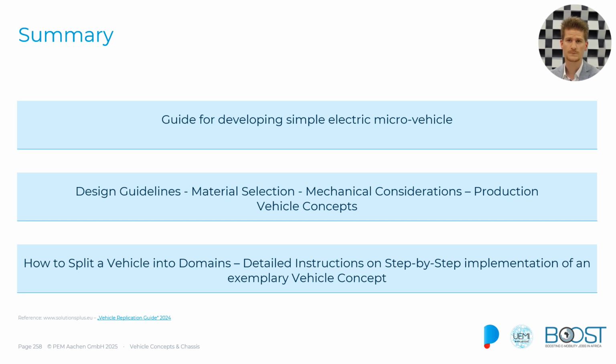It was an example, and obviously you have to do some work yourself to actually use our principles, basics, and methods that we just showed in order to create your own vehicle. But we talked about design guidelines, so we talked about the material selection, the effect that materials will have on the vehicle. We talked about mechanical considerations and production considerations, and they all made up the vehicle concept.